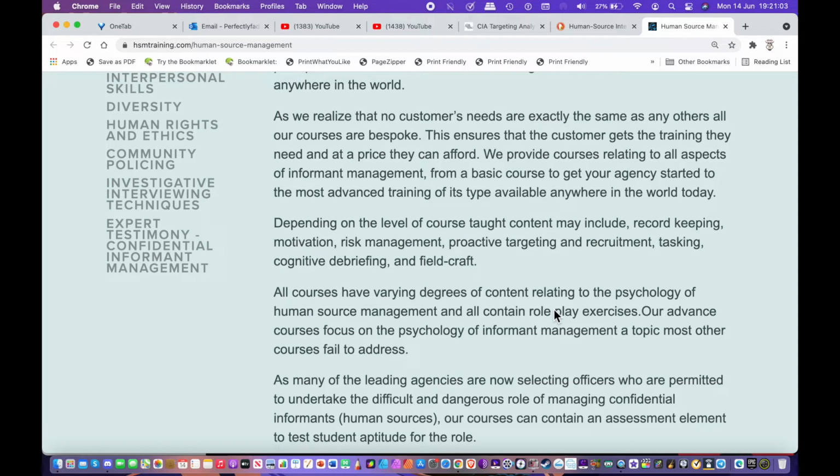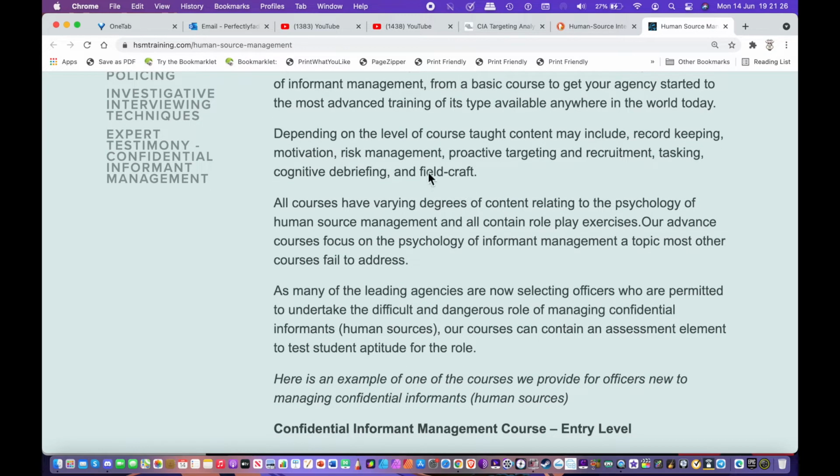Depending on the level of course taught, content may include record keeping, motivation, risk management, proactive targeting and recruitment, tasking, cognitive debriefing, and fieldcraft. What's fieldcraft? Is that like being a spy?